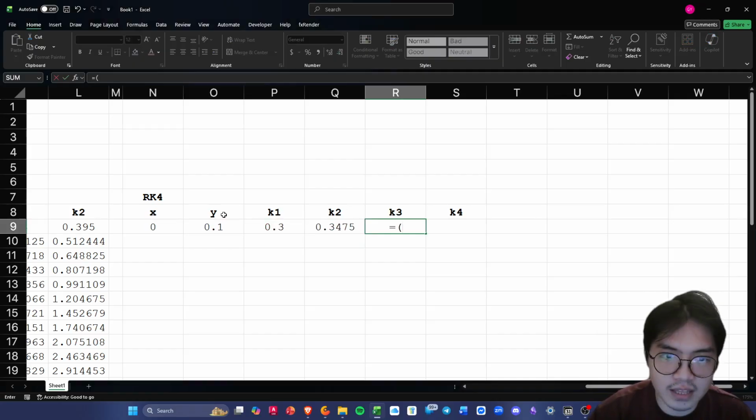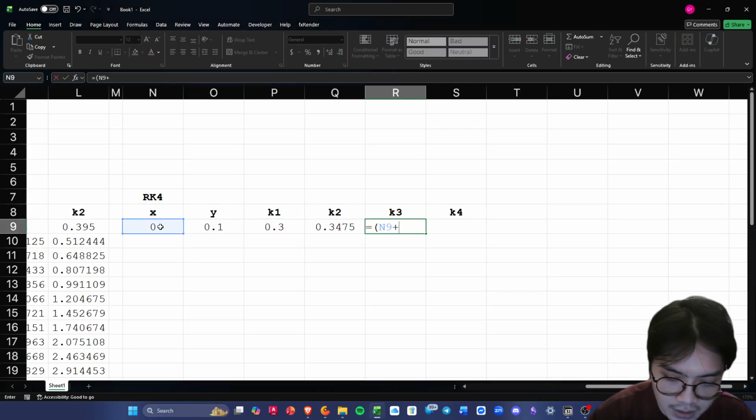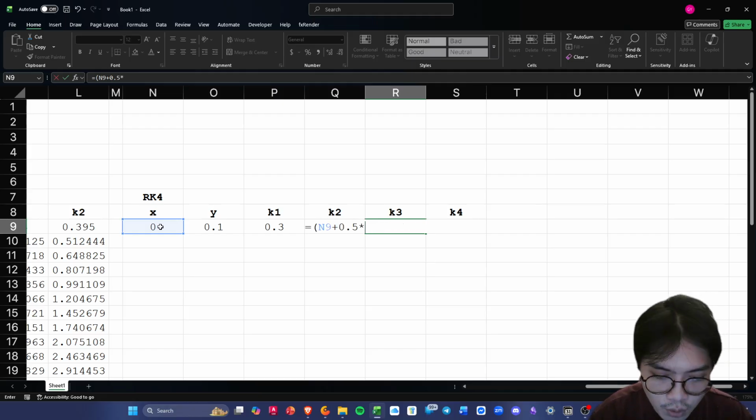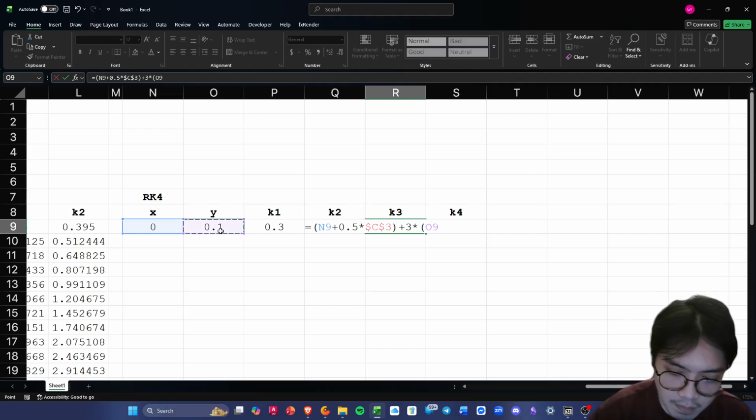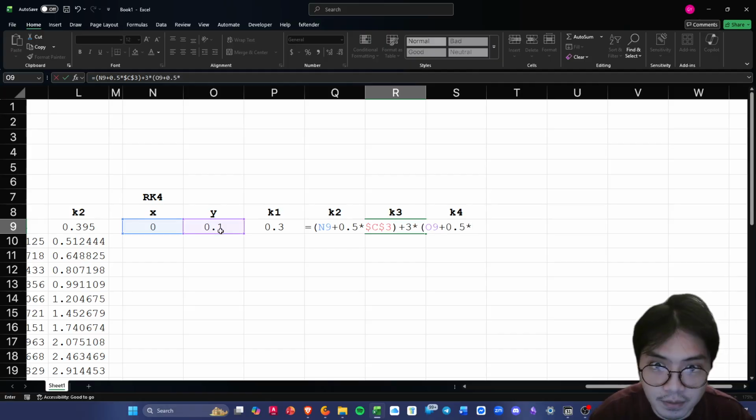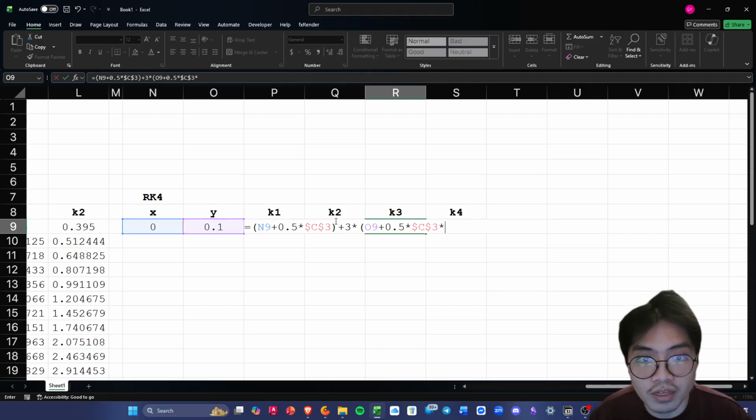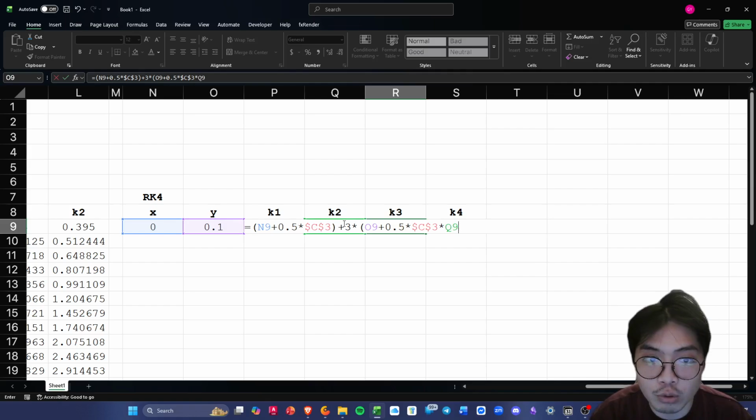We will have this plus 1/2 again of your step value C3, and then plus 3 times your value of Y. Your Y is this thing again, plus 0.5, half a step of your step value C3, and then times K2. This is now Q9, if I'm not mistaken.